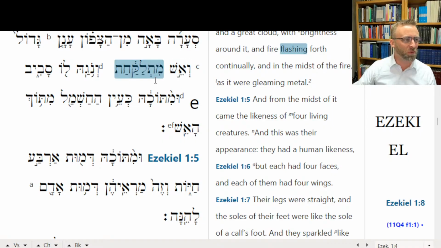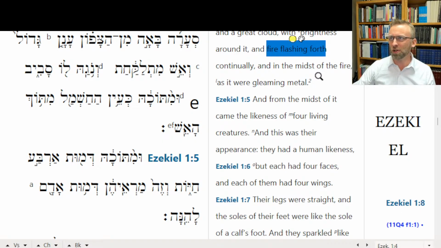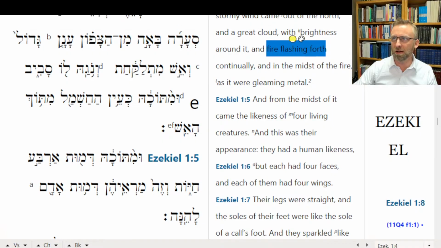So, ve'esh mitlakachat. Notice what it says in the translation there: a fire flashing forth, which is kind of interesting, right? What does that actually mean? I don't know. A fire flashing forth. So something was going on with fire here.